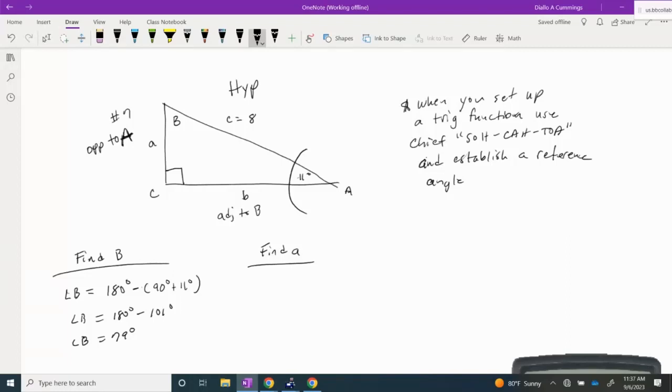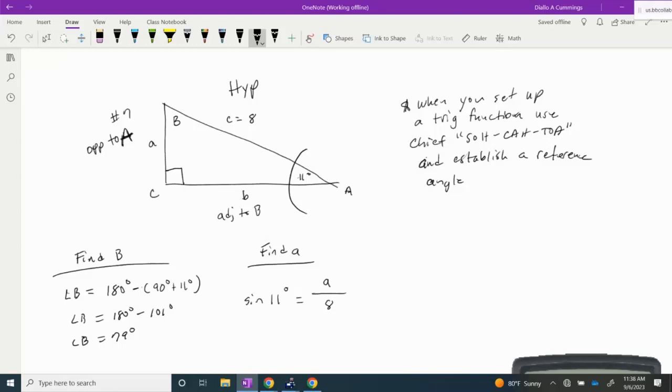The sine, right? Because the sine is the opposite over the hypotenuse. So I'm going to set this up as the sine of 11 degrees equal to the opposite, which is side A, over the hypotenuse, which is 8. Right? So that's my trig function. And I can just solve this for A.